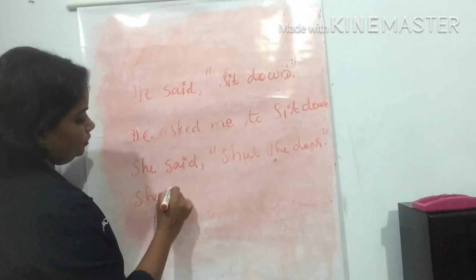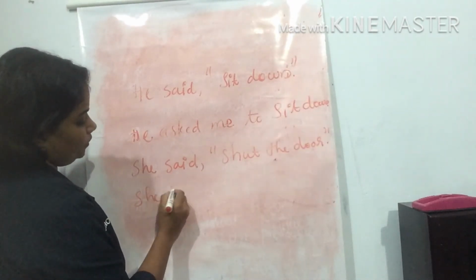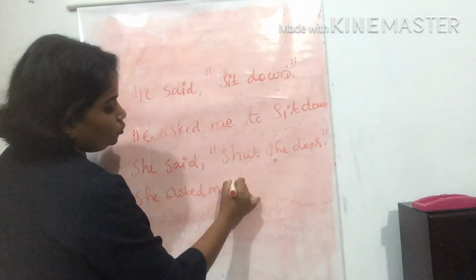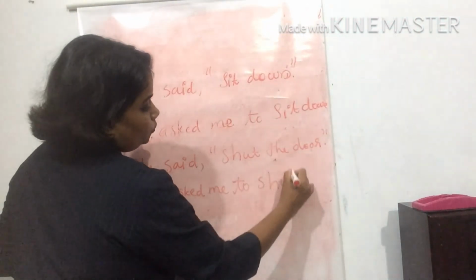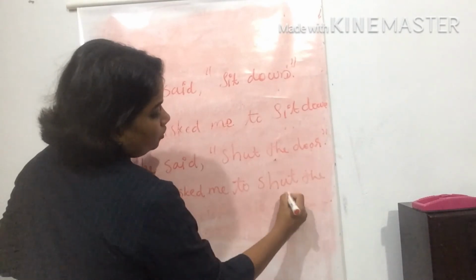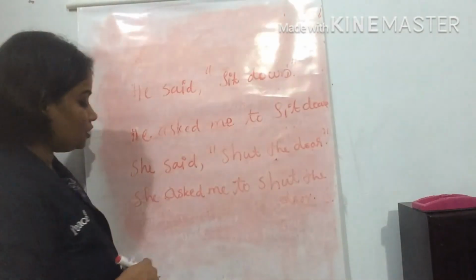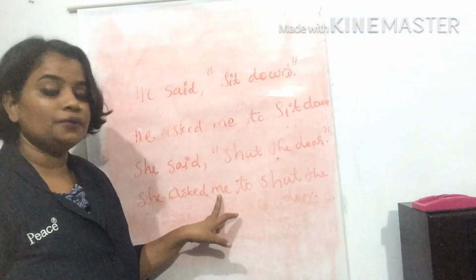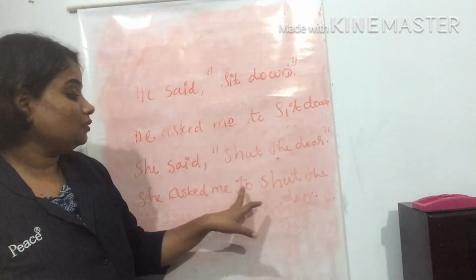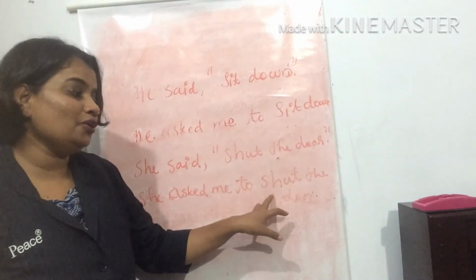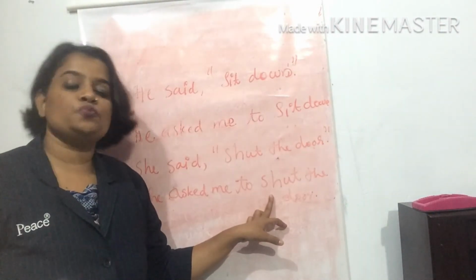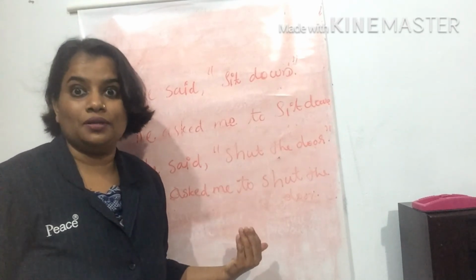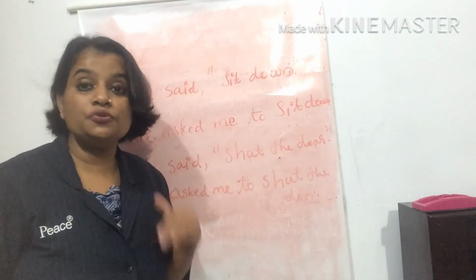She asked me to shut the door. So you have to use the reporting verb followed by the personal object, then to-infinitive, then you have the indirect speech. Okay, now do you understand? I'll give you more examples in the case of imperative statements.